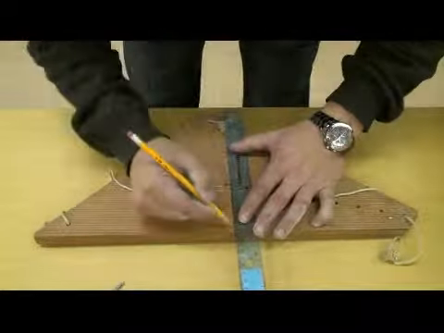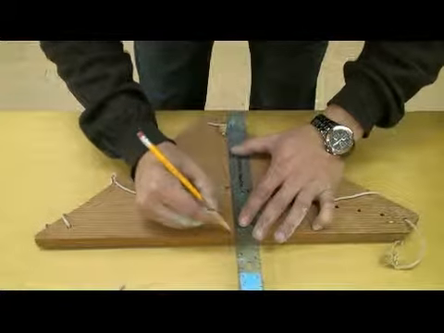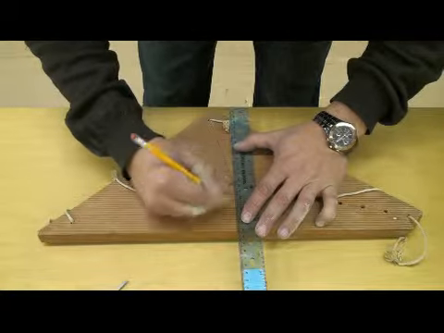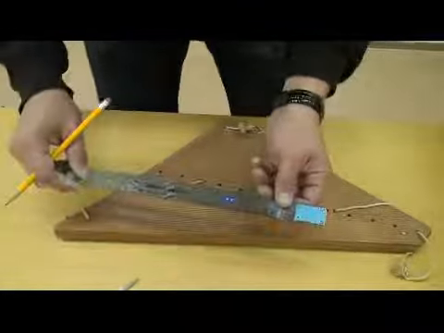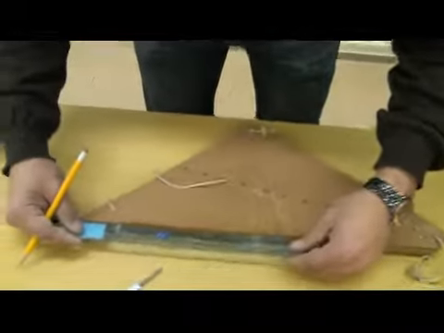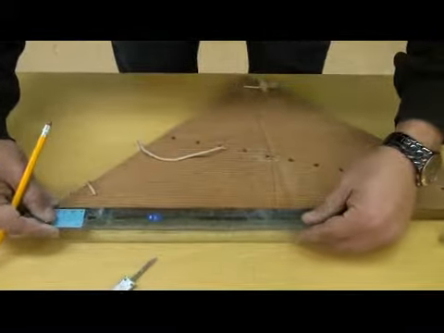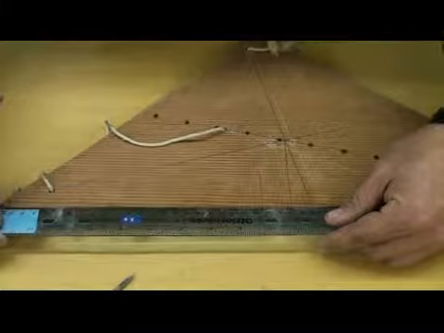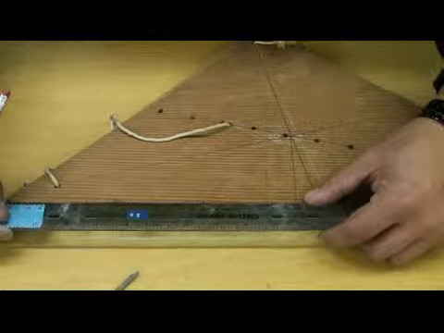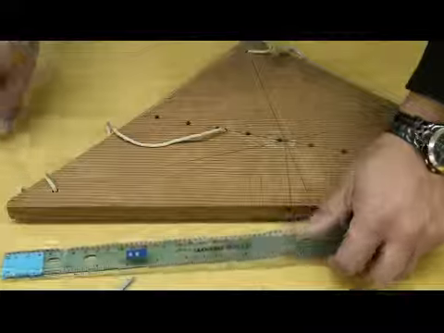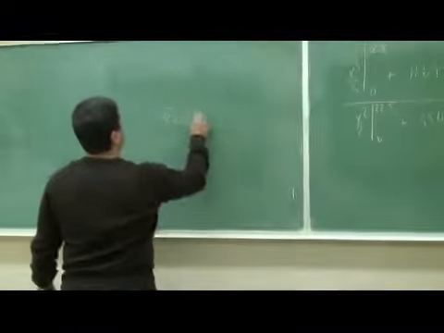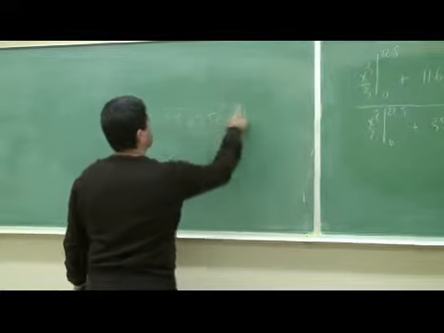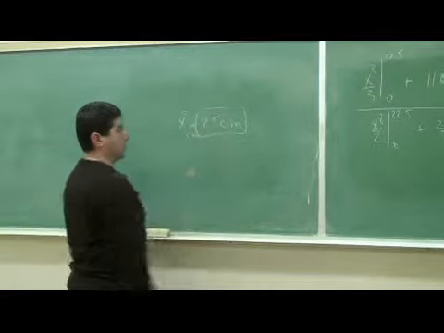So this is the center of mass. And then I'm going to measure the distance between here and here. Okay, roughly about 25. So 25 centimeters. This is the experimental center of mass, 25.